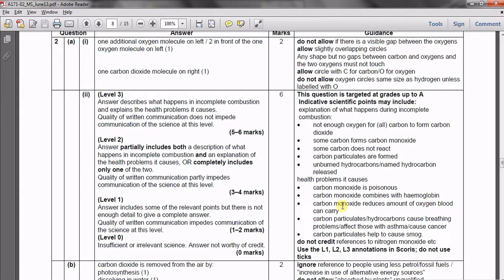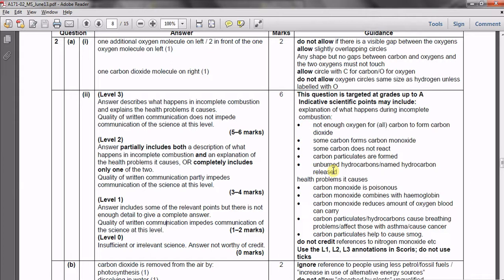For a level 2 answer, it says the answer can partially include both a description of what happens and an explanation of the health problem. So maybe 1 or 2 points out of this section and 1 or 2 points out of the second section. Or another way to get a level 2 answer, so 3 or 4 marks, would be to cover one of these 2 sections in quite a bit of detail.